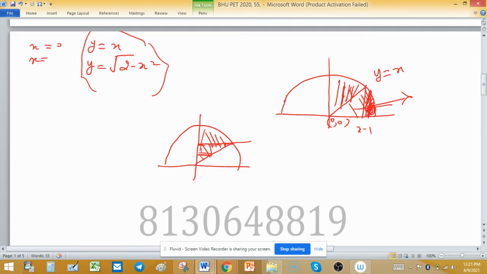changes as we vary from the y-axis to the x-axis along the x-axis. So the limit of this one is 0 to at this line, because the strip is touching at this line.